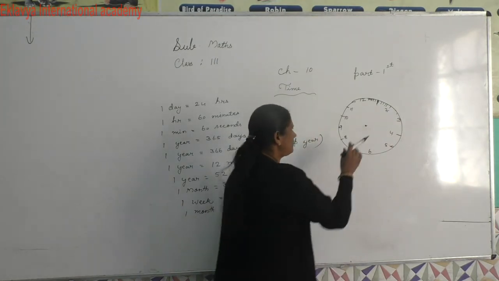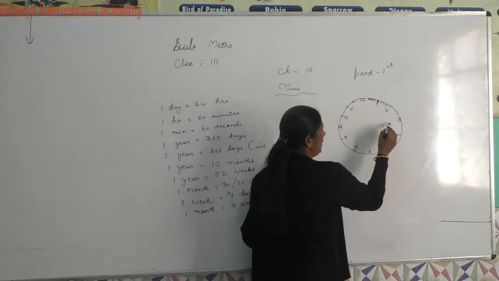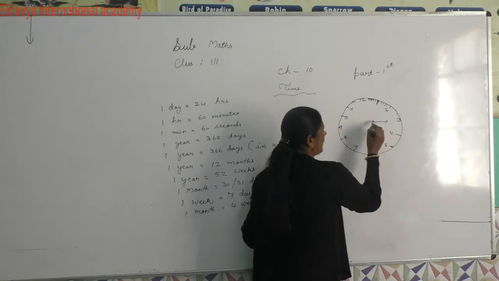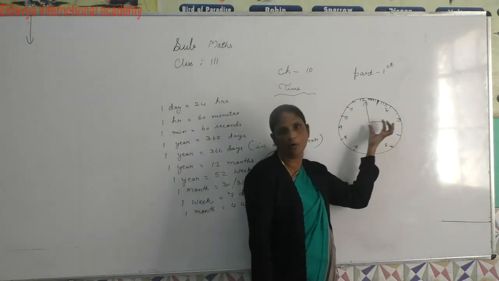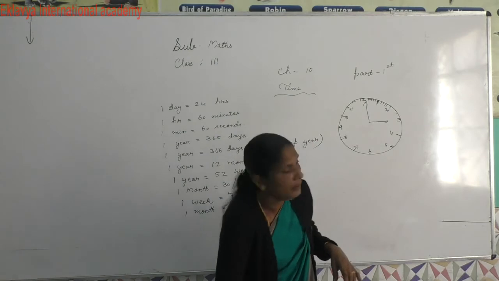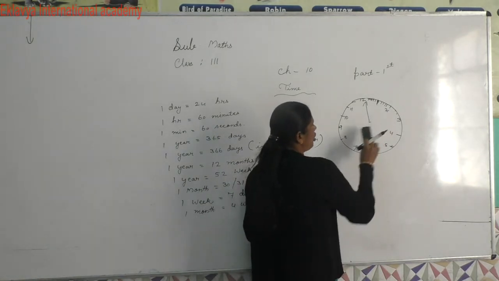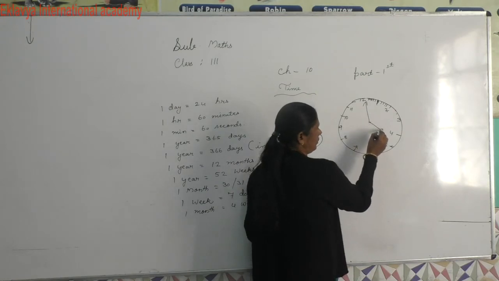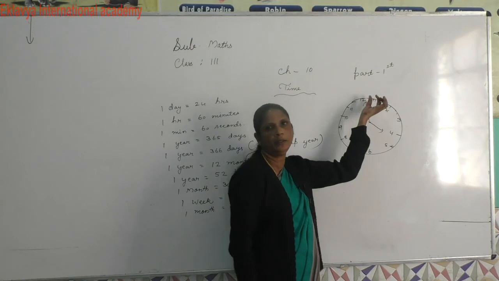Then now the time is: the short hand comes on 3, then the bigger hand comes on 12. What is your time? 3 o'clock. Again, the short hand comes on 4, then the big hand comes on 12.